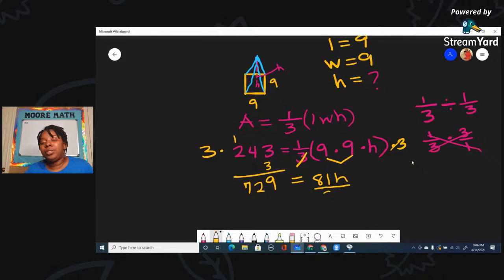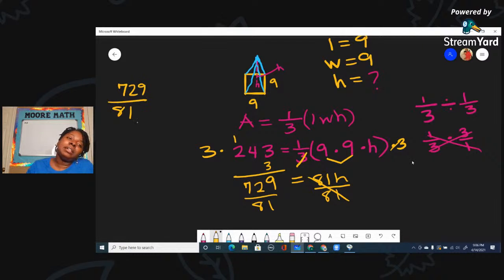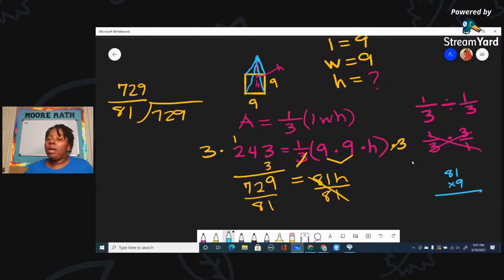We're going to have to divide to figure that out. So we have 729 divided by 81. Put that numerator in the house. Okay, so now it's not so pretty. Let's start with 81 times 9 because this is a big number. 1 times 9 is 9. 8 times 9 is, oh, look at that.